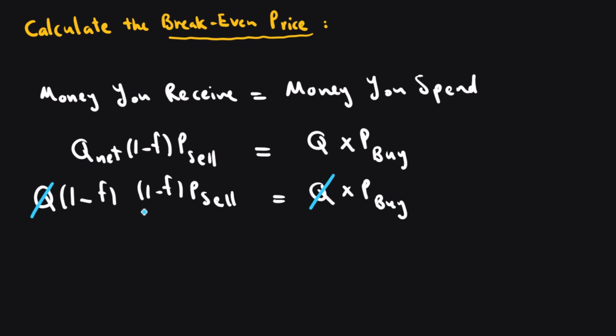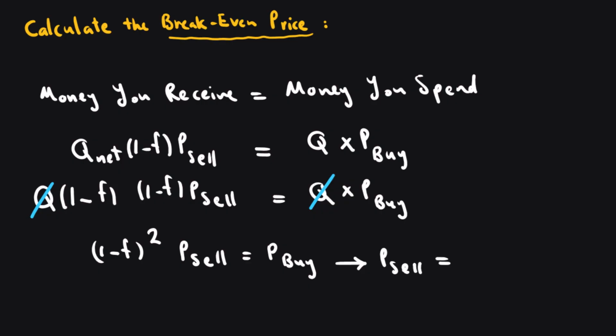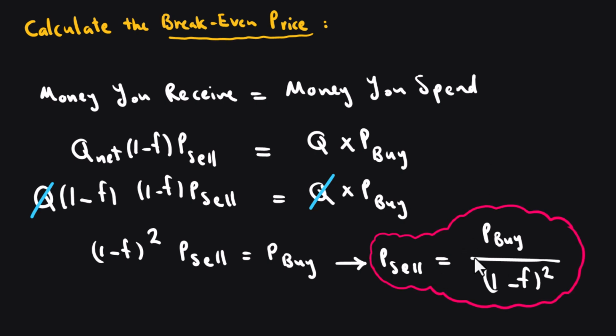So now we can say 1 minus F to the power of 2 times P sell is equal to P buy. So in order to calculate the break-even price, P sell should be equal to the price of buying that asset divided by 1 minus F, the fee rate, to the power of 2. This is the formula to calculate the break-even price.